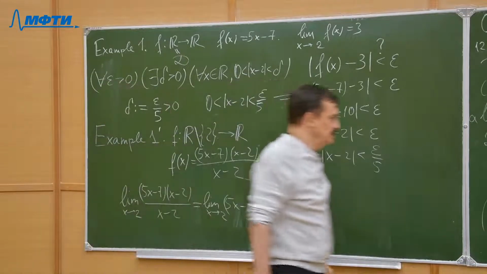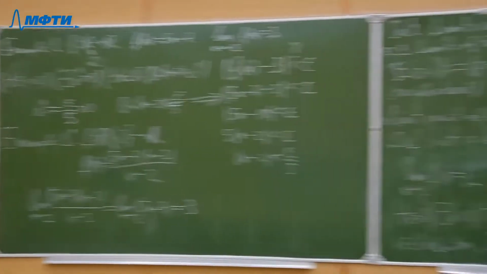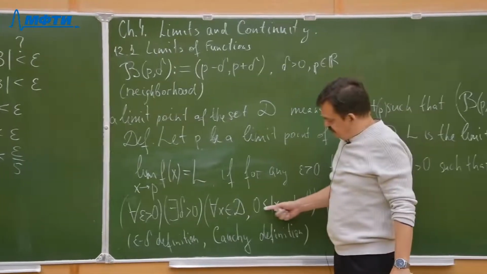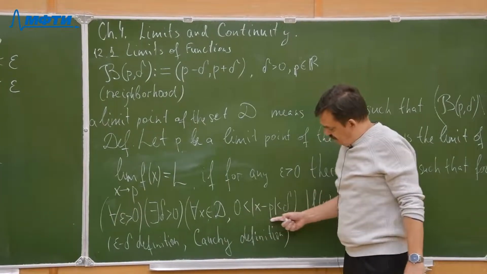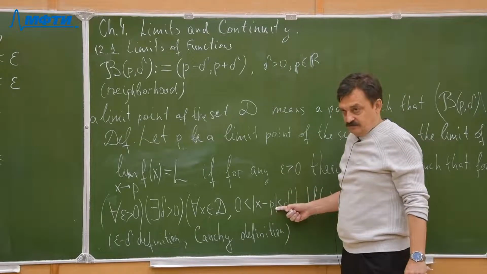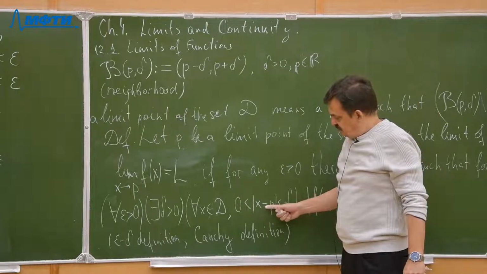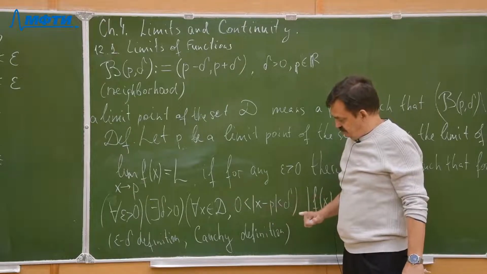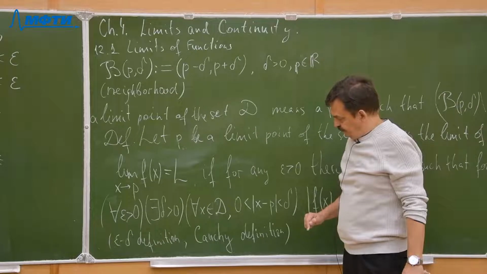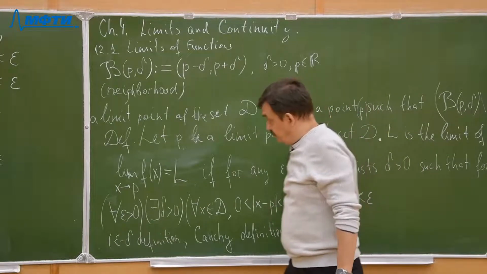So you see, everywhere in the definition there is the inequality modulus greater than 0. Modulus greater than 0 means that the expression under modulo cannot be 0. So it means x minus p is not equal to 0. X doesn't equal p.